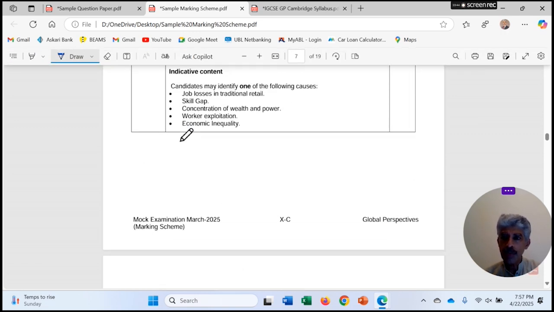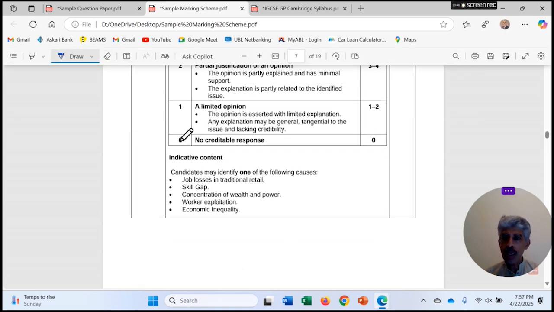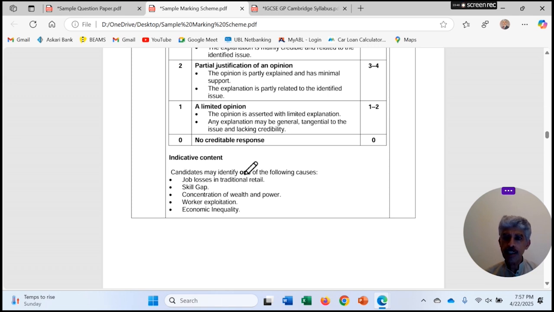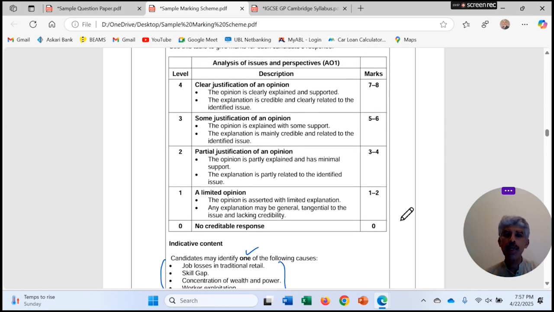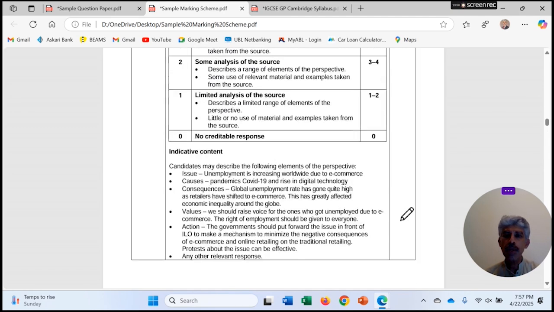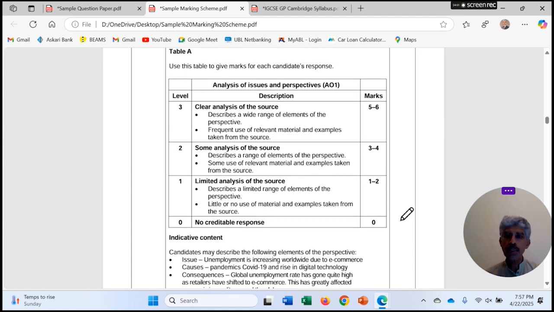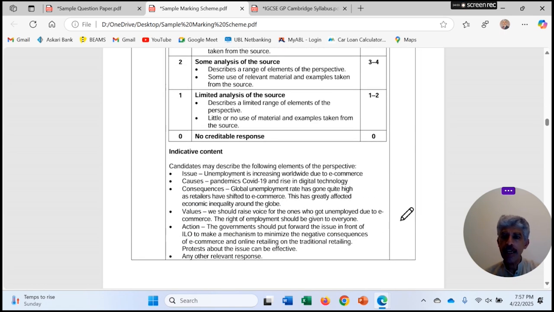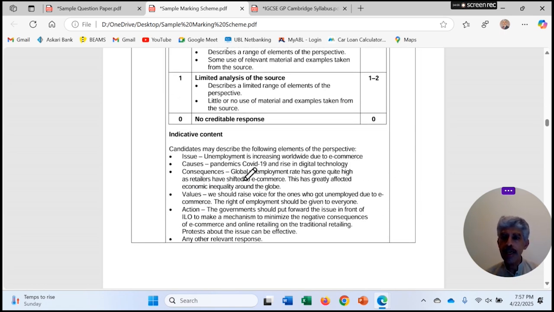One C, candidates may identify one of the following and explain them in two reasons, and then they will be able to attain 6 marks. Candidates may describe the following elements of the perspective issue.